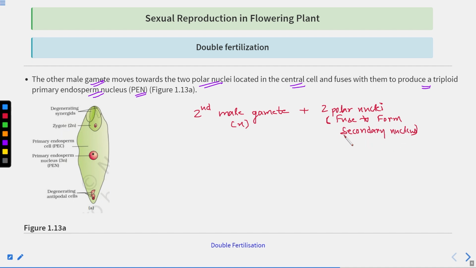Okay, the secondary nucleus will then be diploid. So we can say the second male gamete fuses with the secondary nucleus, or the male gamete fuses with the 2 polar nuclei, resulting in the formation of what? A triploid structure will be formed, means 3n, which is known as the primary endosperm nucleus.